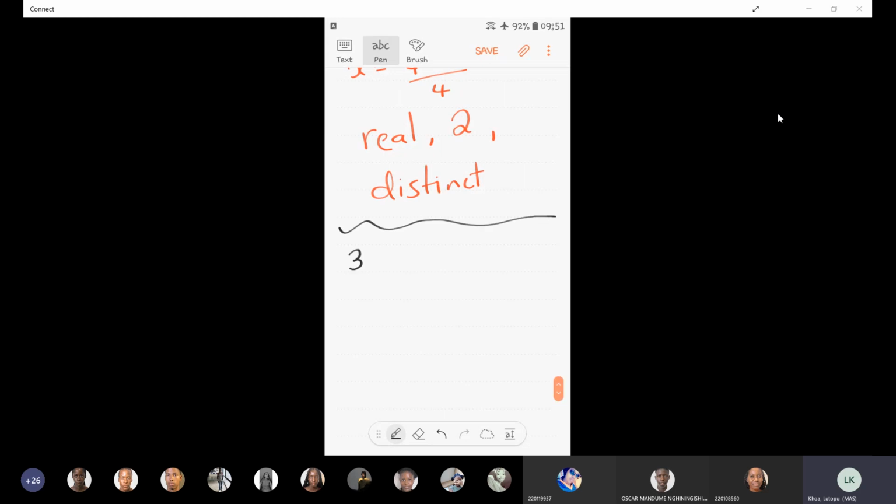We have 3x squared minus 6x plus 1 equal to 0. We have to again determine the nature of the roots. So to do that, we have b squared minus 4ac. This is equal to b, which is minus 6, squared, minus 4 times a, which is 3, times c, which is 1.